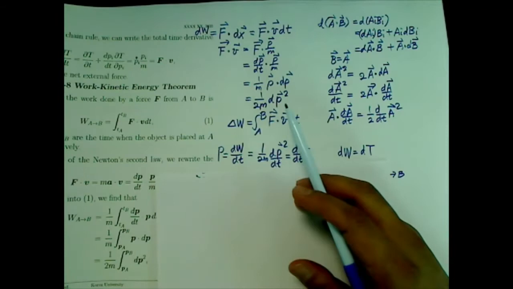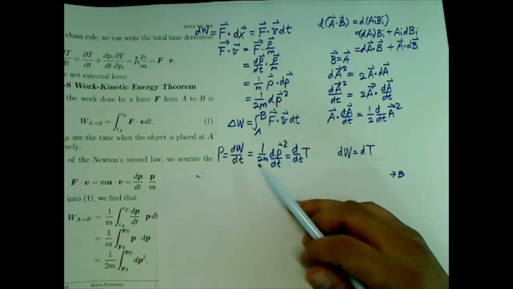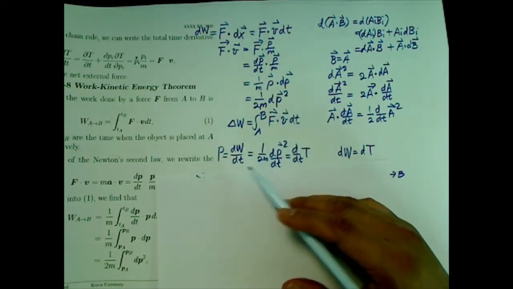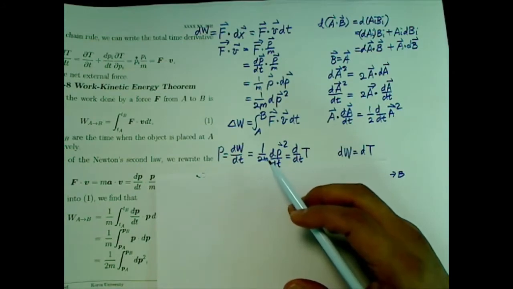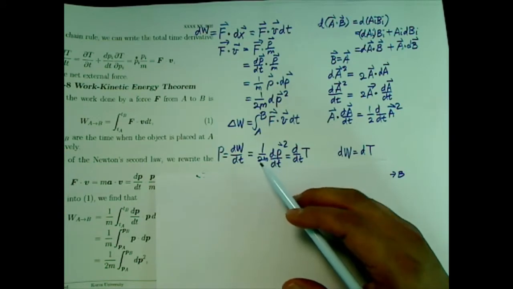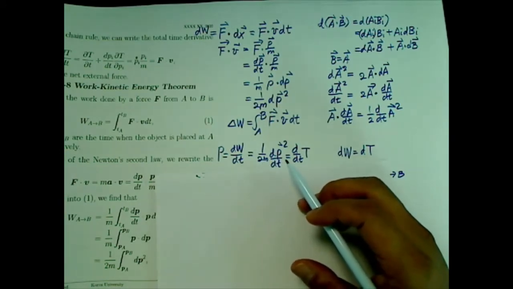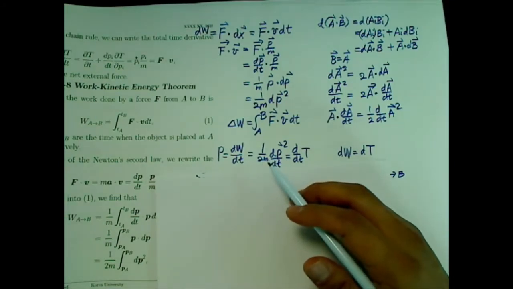Now we make use of this result: dW is 1 over 2m d p squared, divided by dt. Since 2m is constant in non-relativistic theory, it can be moved inside the derivative.